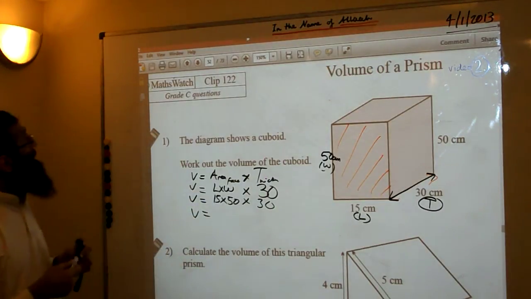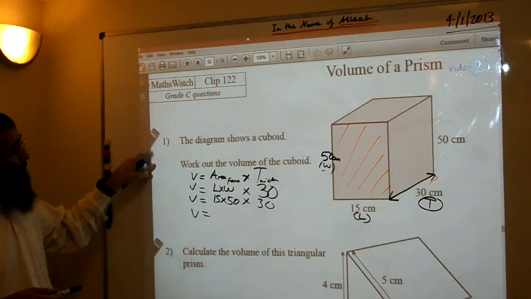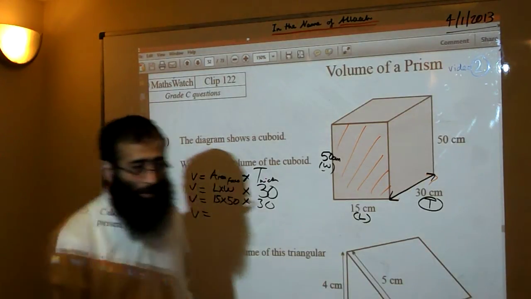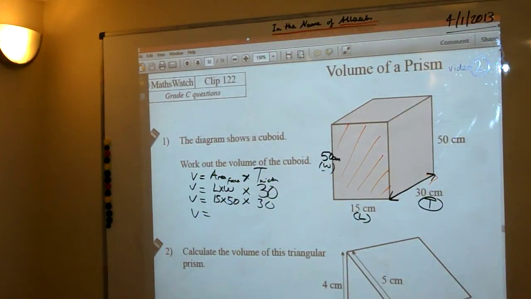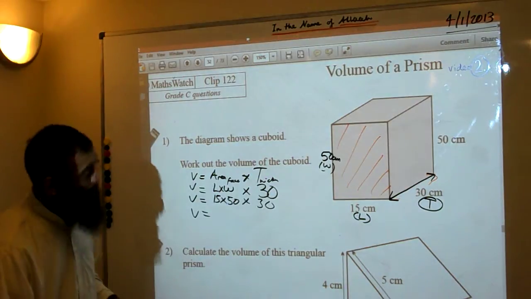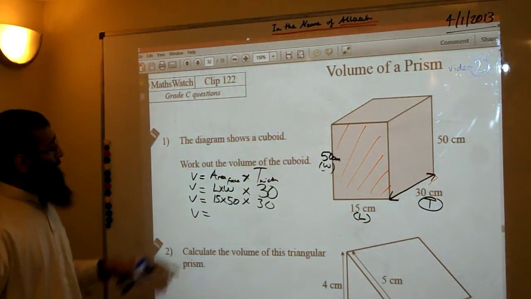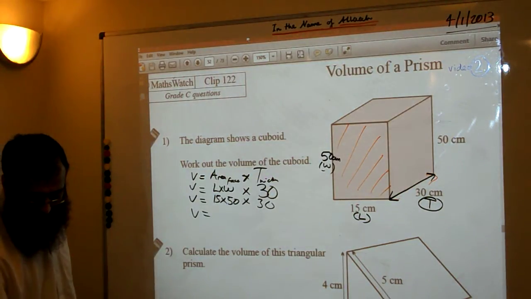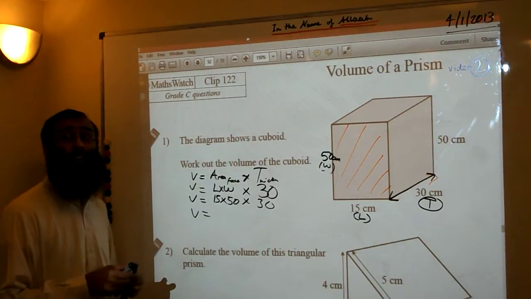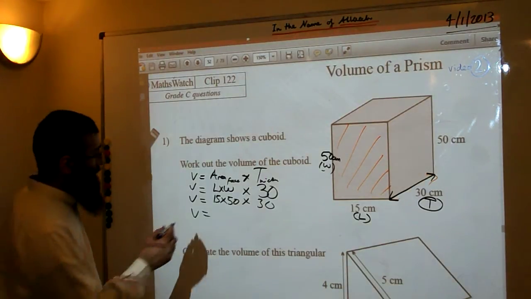Now, let's work this out. This one is a calculator question. Let's grab our calculator. We have 15 times by 50 times by 30, and that gives us an answer of 22500.